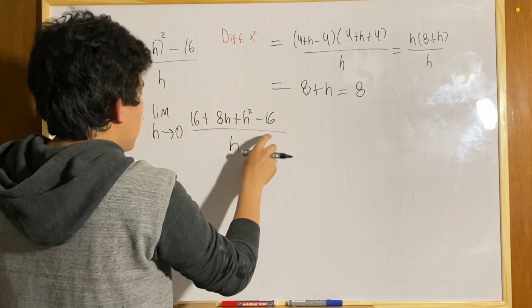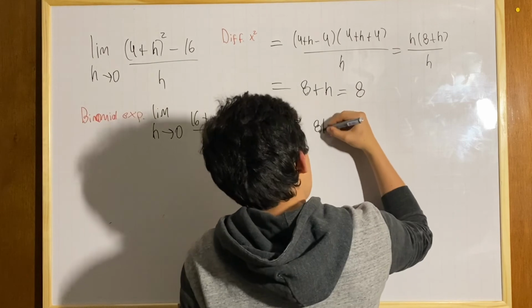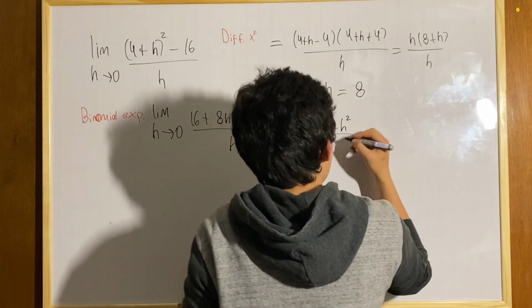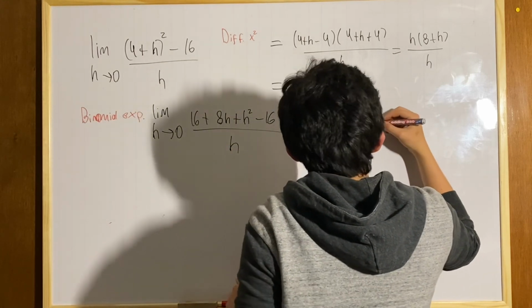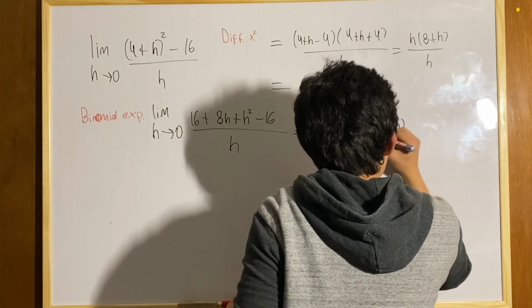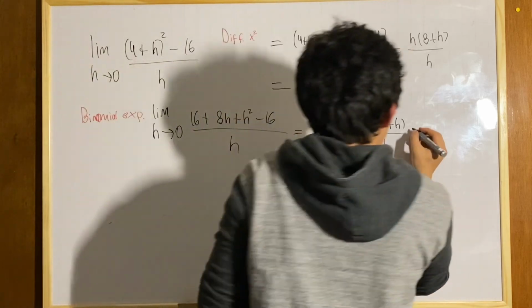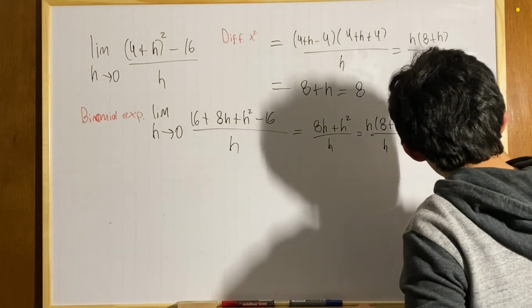The 16 goes out with minus 16, and you get 8h plus h squared over h. You take the greatest common factor, and you get h times 8 plus h over h. This is the same thing that we had up here. And the h's go out, and you get 8 plus h.